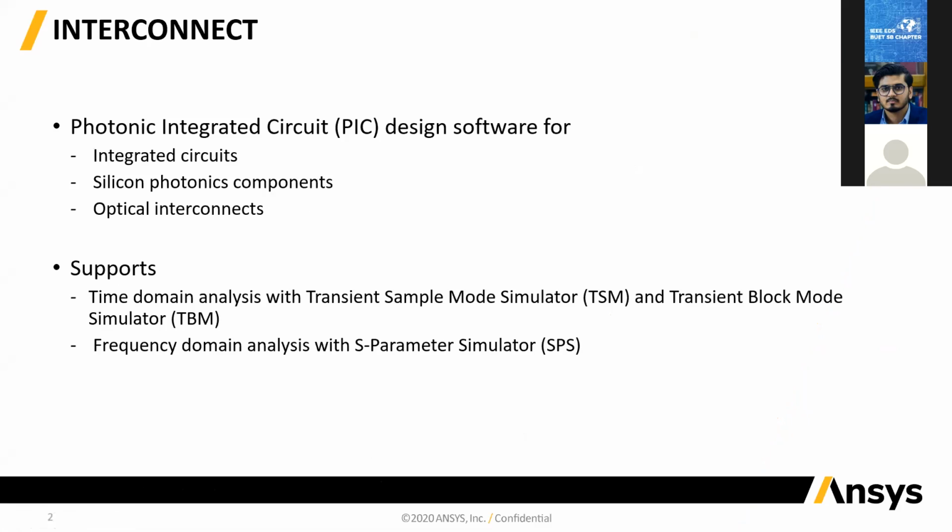Interconnect comes into play when you have a big system, which has lots of parts. It doesn't make sense to simulate that big system at a very fundamental level, by solving Maxwell's equations or diffusion equations for a huge system, which is computationally very inefficient or even impossible.